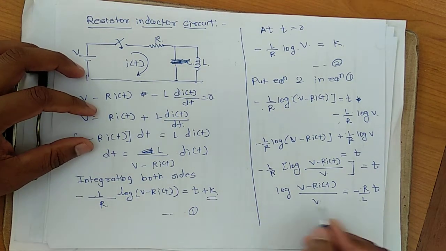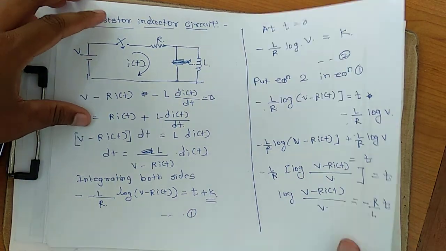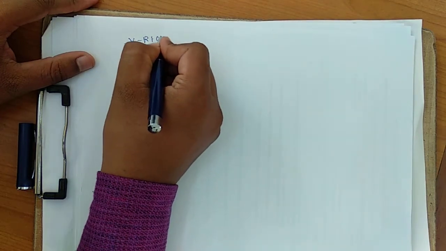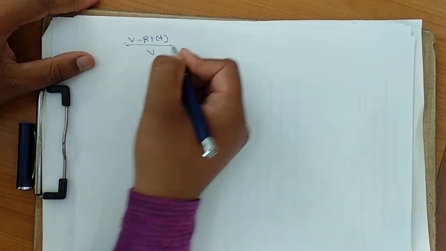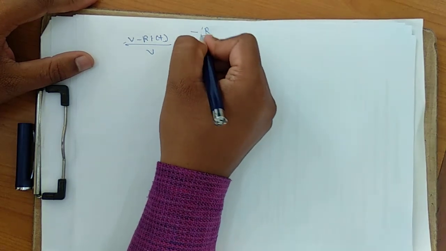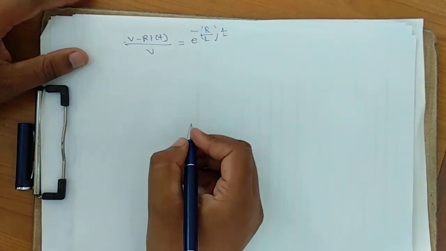So this log, if you take it to the other side, will be converted into the exponential. So V minus R I of t divided by V is equal to e raised to minus R by L t.